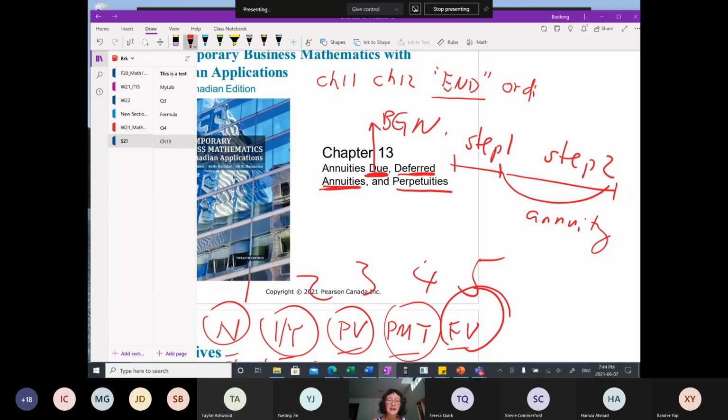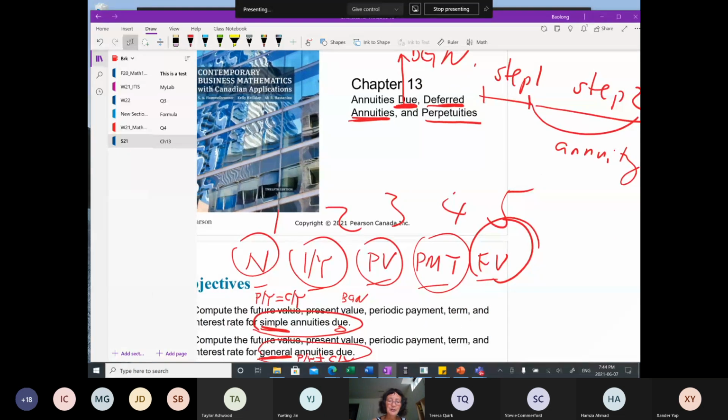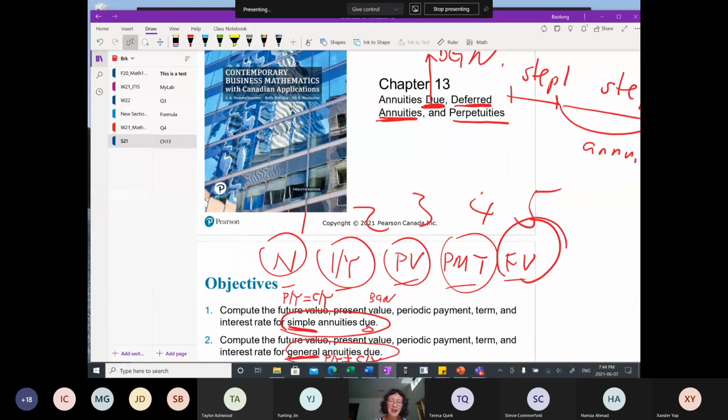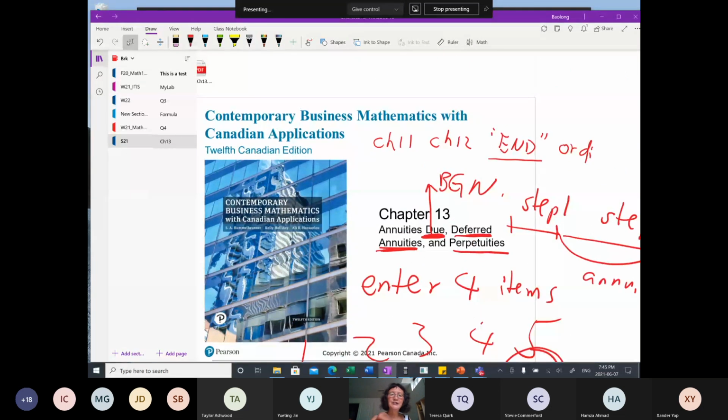And today we emphasized the computer step. Remember, there are 5 buttons in the computer. You have to enter 4 items on the calculator. Also important today, you have to distinguish whether to set your calculator to begin mode or end mode.